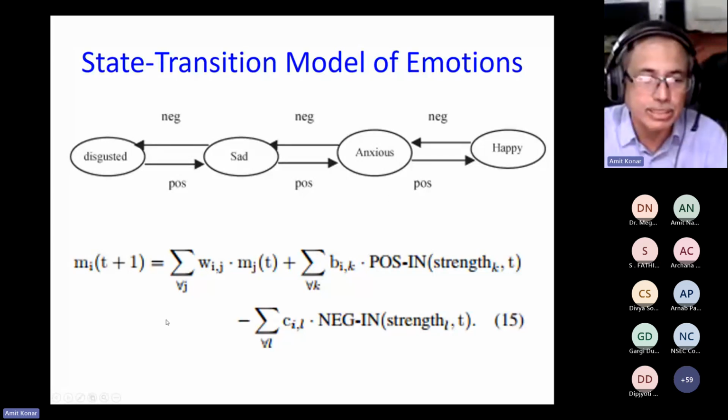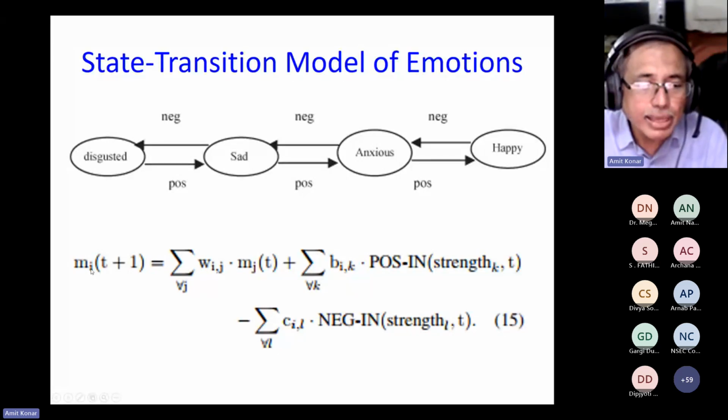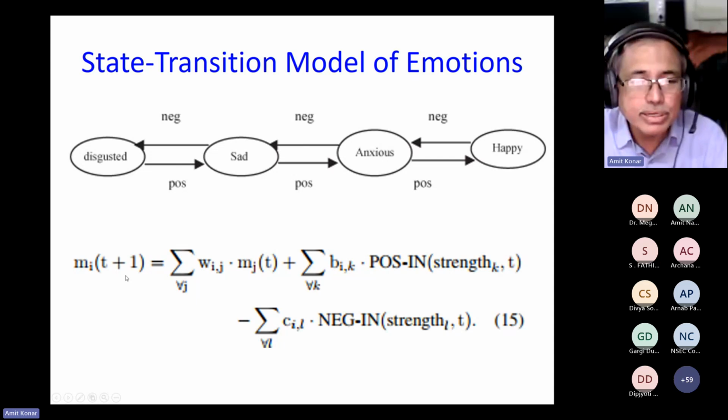So altogether 6. Now the ith emotion at time t plus 1 is determined from the jth emotion at time t multiplied by wij. Suppose a person is sad here at time point t, but at the next time point the person may be happy. In that case, there will be positive instances twice.